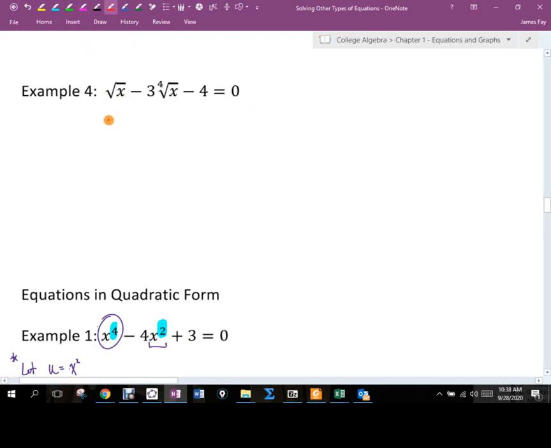So if I rewrite this as x to the 1/2 minus 3 x to the 1/4 minus 4 equals 0, right? Okay. What's the relationship between that 1/4 and that 1/2? How many 1/4 are inside 1/2? 2, right? So there's a 2-to-1 relationship with those exponents.